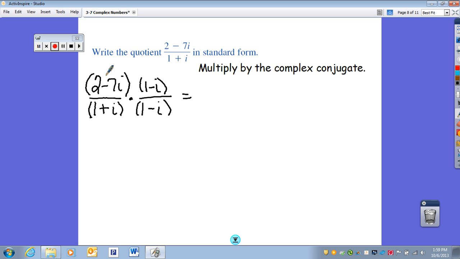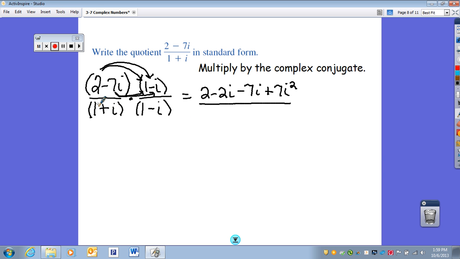We're going to take 2 times 1 and 2 times negative i. So we'll have 2 minus 2i. And then we'll take negative 7i times 1, which is negative 7i. And then negative 7i times negative i, which would be plus 7i squared. Then we're going to multiply the denominator.